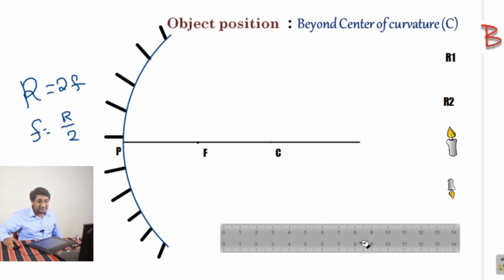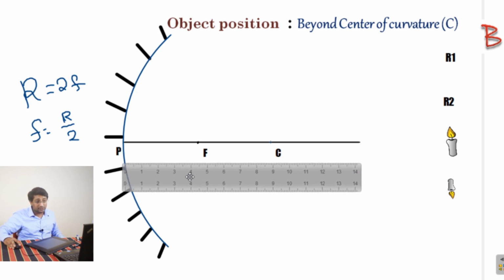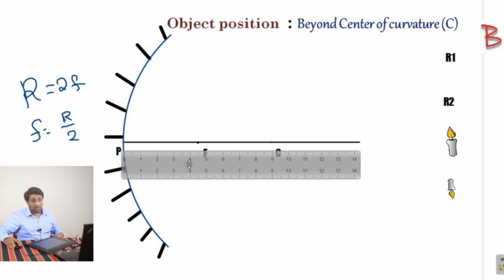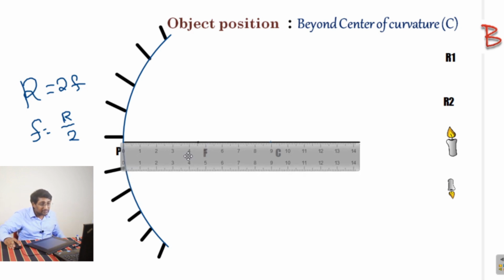Let's check first the distance between them. I'm placing the scale, I'm using the scale as a tool over here. When you're drawing it with your material, you need to have a scale around. Now I'm placing the 0 centimeters at P because all the distances should be measured from the pole.